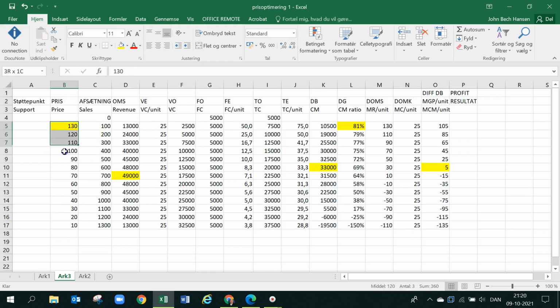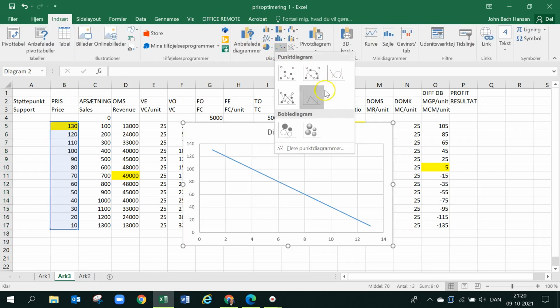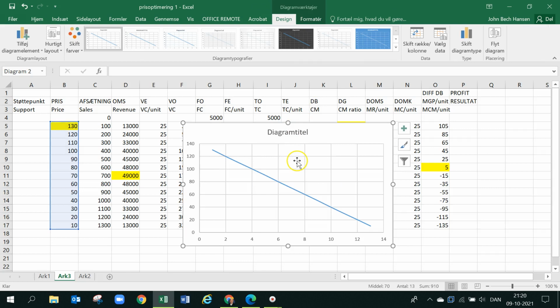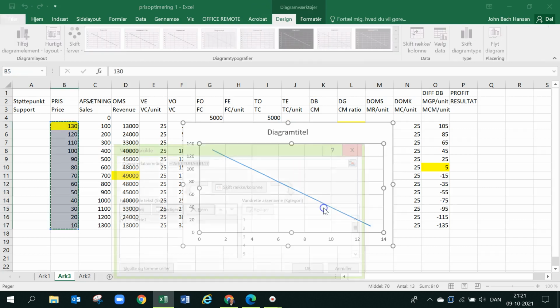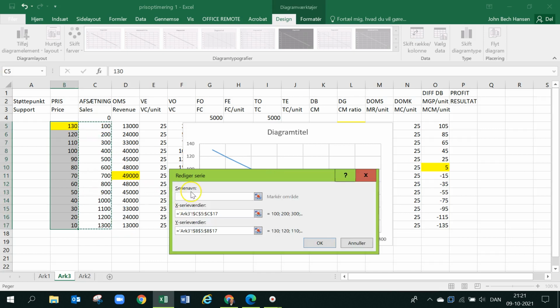So I can go over here and again insert, and I will take this one and now a straight line, and again I will choose data and edit, and I'll put in the X, and that's now the price sales.